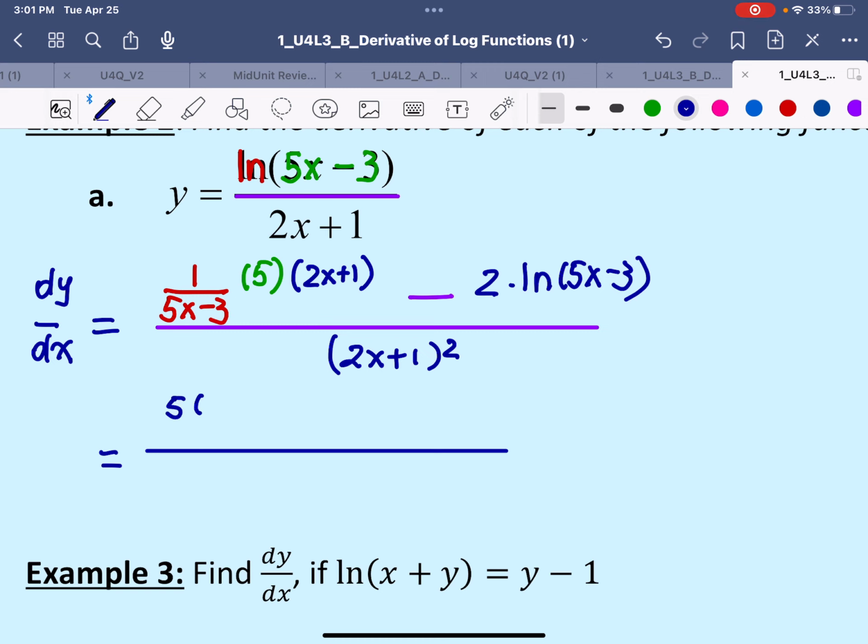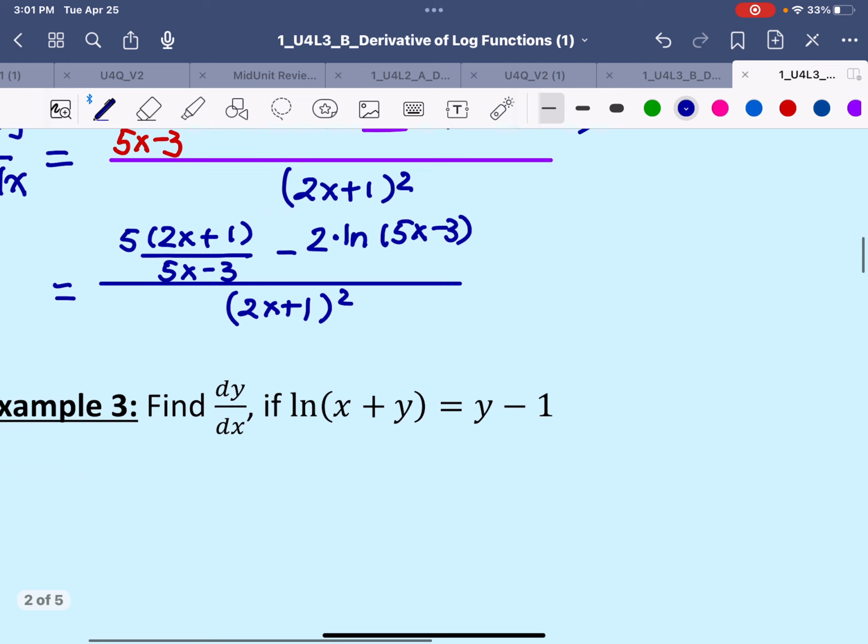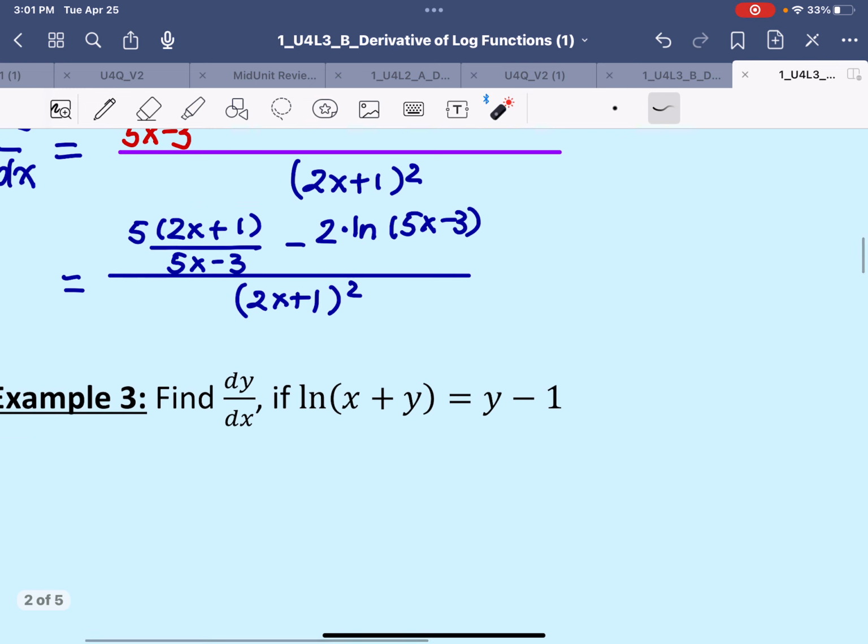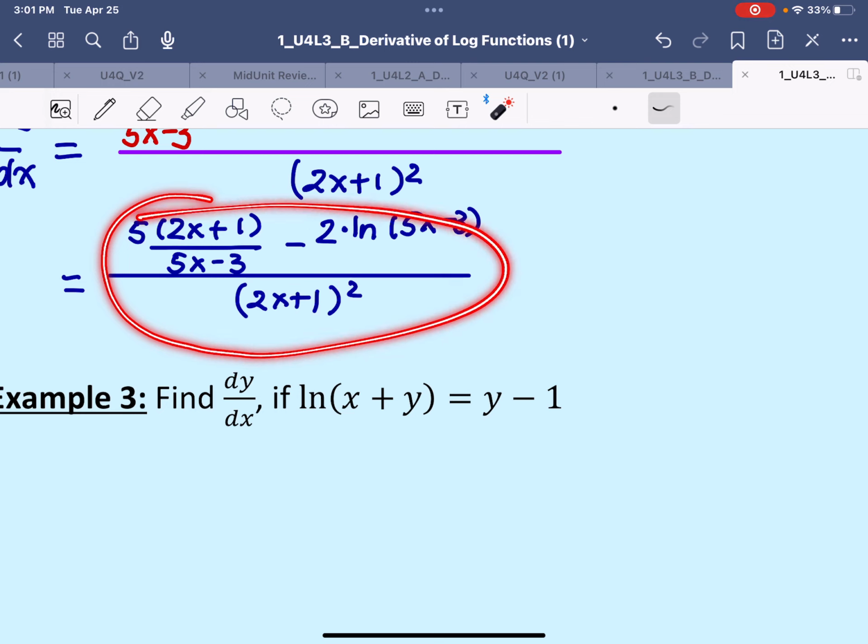So we have (5 times (2x plus 1) over (5x minus 3)) minus 2 ln of (5x minus 3), all over (2x plus 1) squared. Now, this is not the most simplified form of this derivative, and that is because we have fractions inside fractions. So we have to write the entire thing as a single fraction.